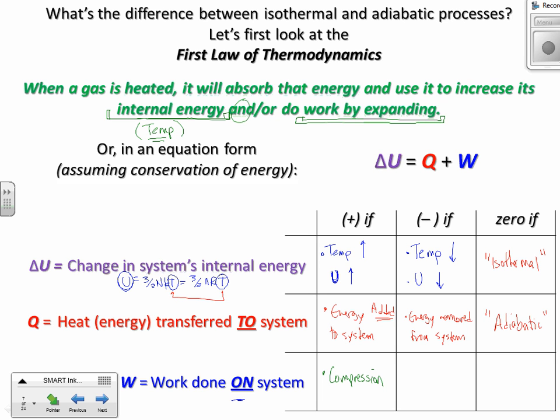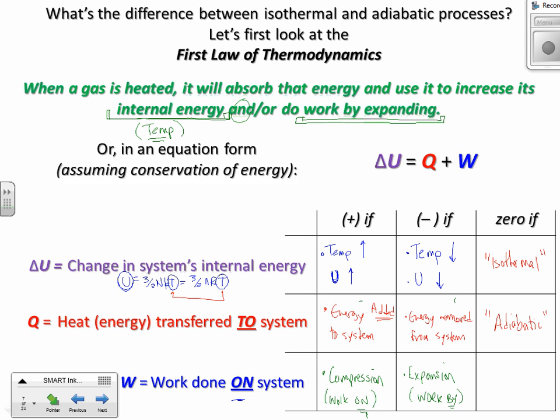If the gas expands, we say that work is negative. Compression is work on. Expansion is work by. So there are lots and lots of word clues in these kinds of questions. You've got to look for things like added, removed, on, by, and so on.